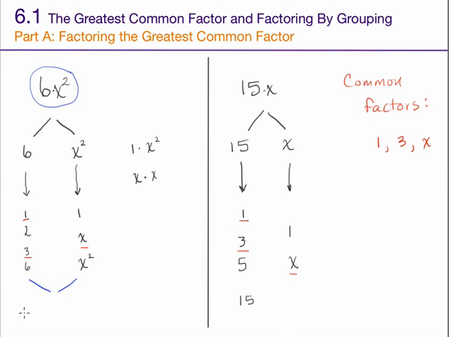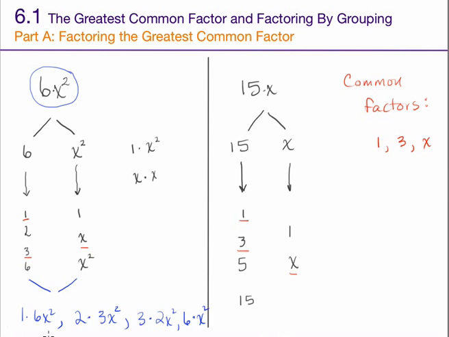In other words, I can write 6x squared as 1 times 6x squared, or 2 times 3x squared, or 3 times 2x squared, or 6 times 1x squared.